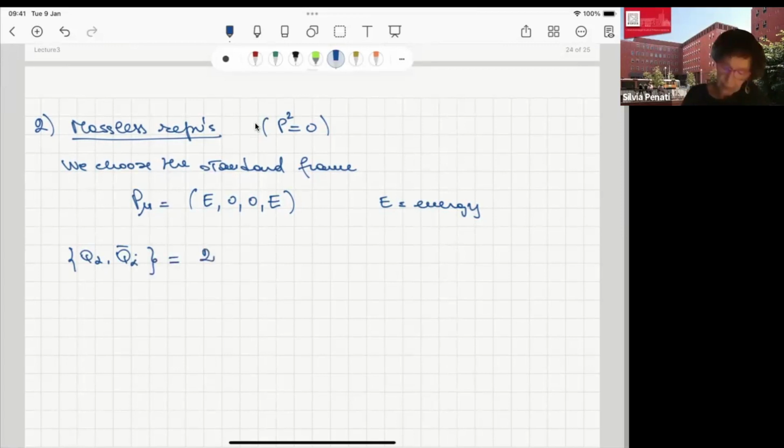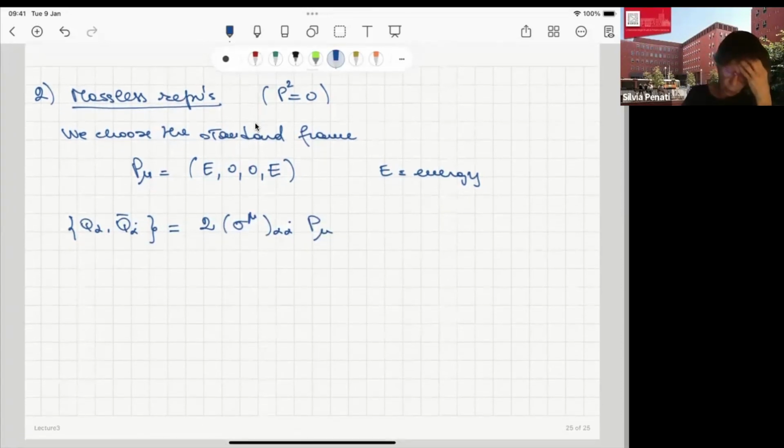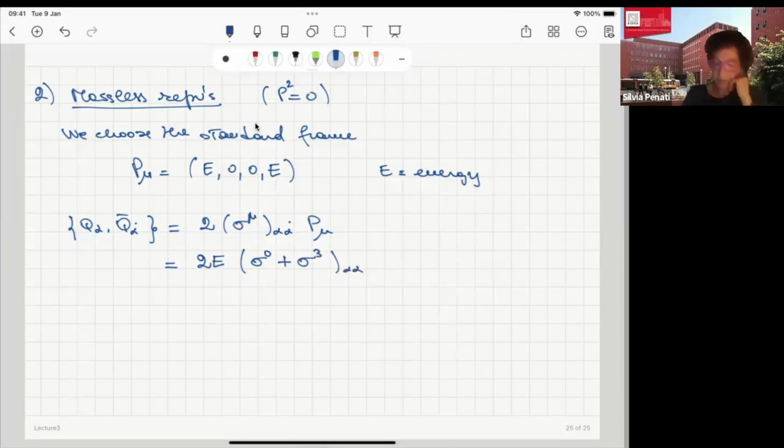Remember, this is twice sigma mu alpha alpha dot P mu. This time I have two non-vanishing components of P mu. So this is twice E, and E appears together with sigma 0 and sigma 3 alpha alpha dot.